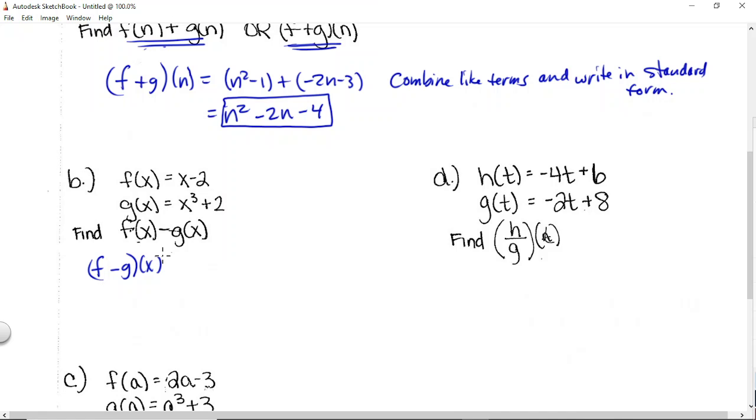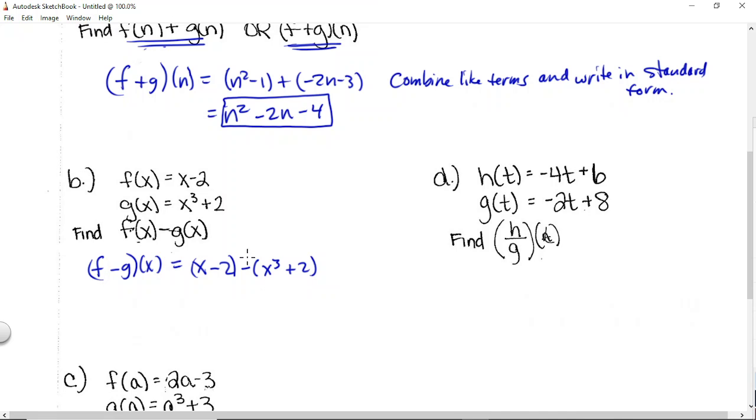You can write it either way, but I'll go ahead and leave this one. f minus g of x equals, so we subtract these function definitions. There's f of x, and we're going to subtract g of x. And g of x is x cubed plus 2.